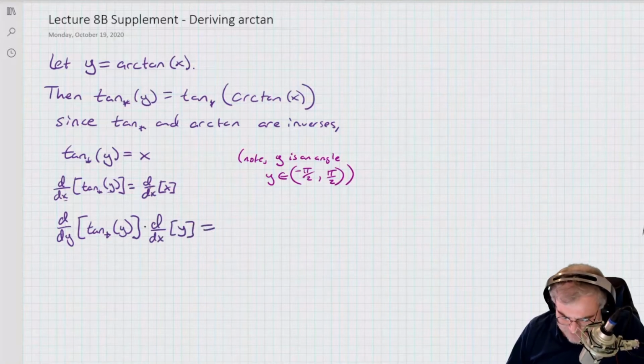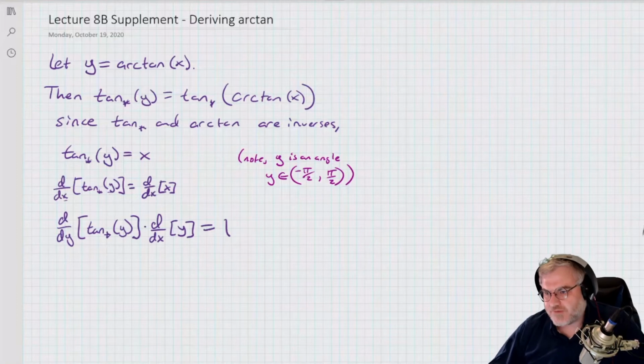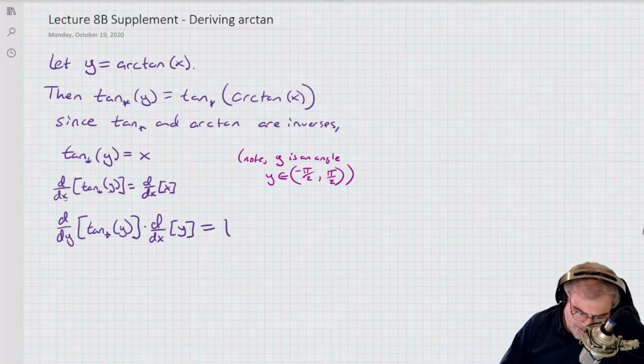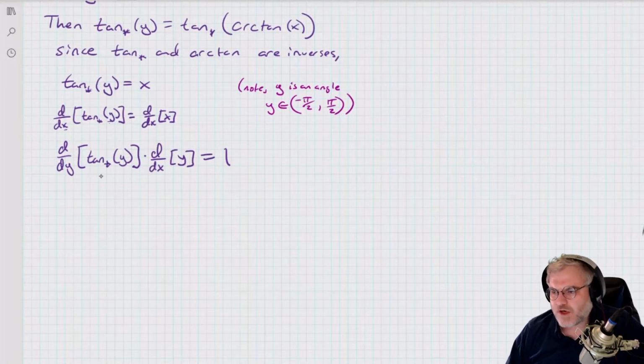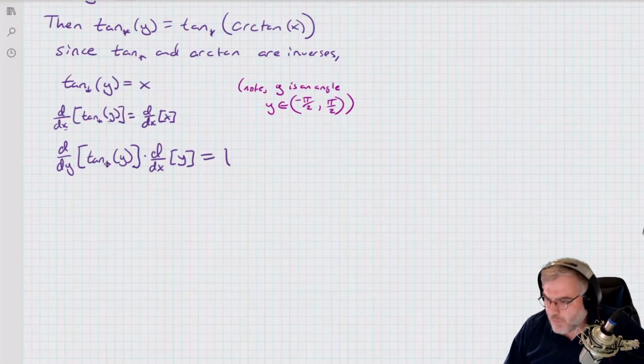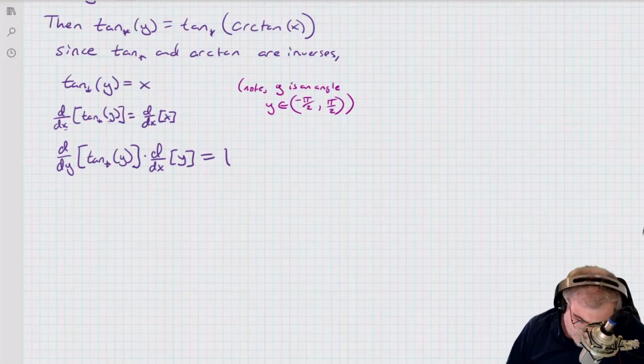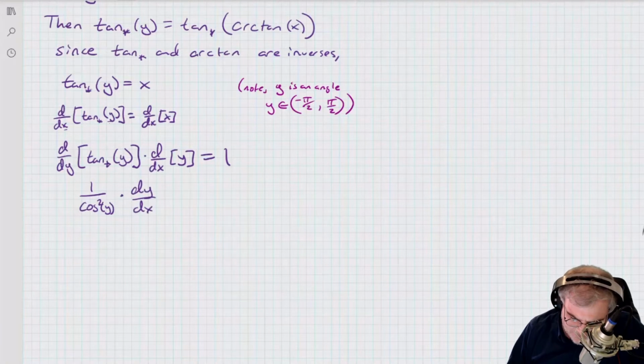Now, the derivative with respect to x of x itself is a nice little convenient number 1. And now what I'm going to do is use the 1 over, I'm not going to say secant squared, I'm going to say 1 over cosine squared, because I'm going to wind up multiplying both sides by that. So I'm going to wind up with 1 over cosine of y squared times dy over dx equals 1.